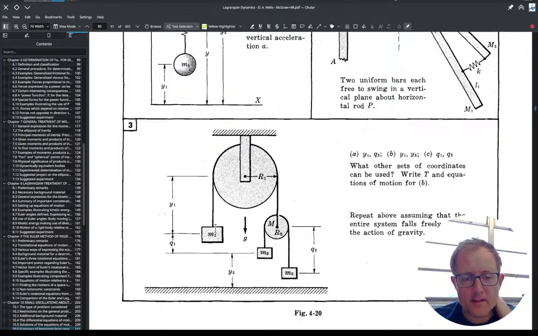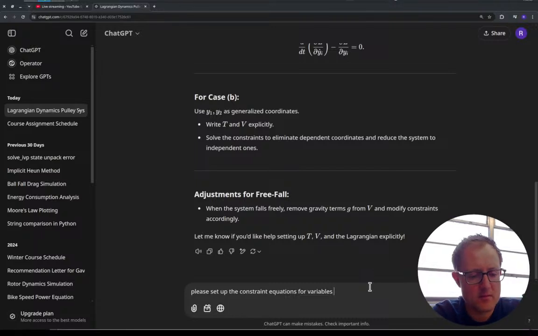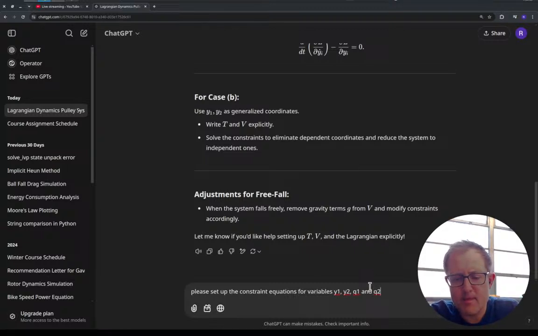So I've got mass 1, and where's this one? So let me just ask for constraint equations between y1, q1, y2, and q2, since that's all that I have labeled here. Yeah, let's try that.